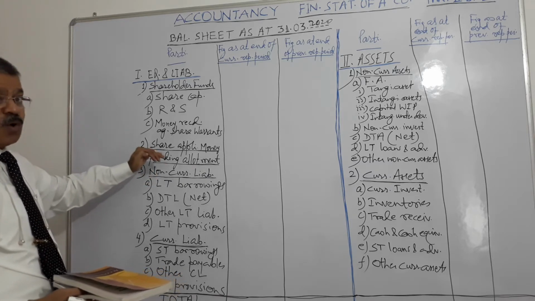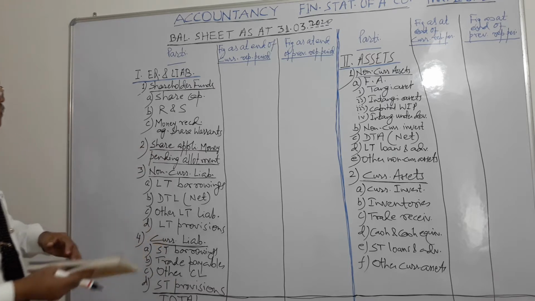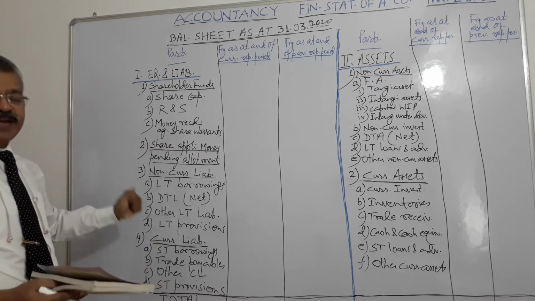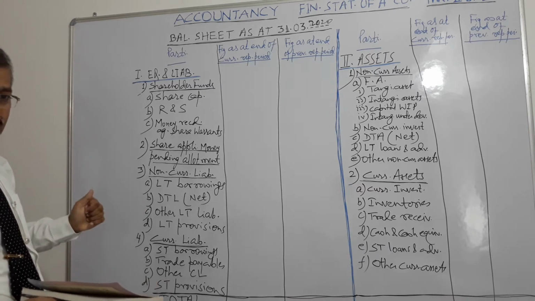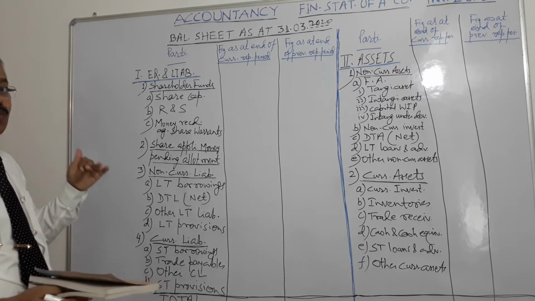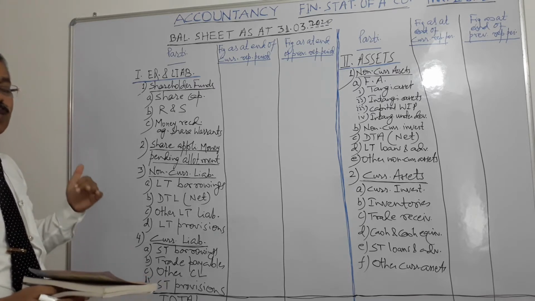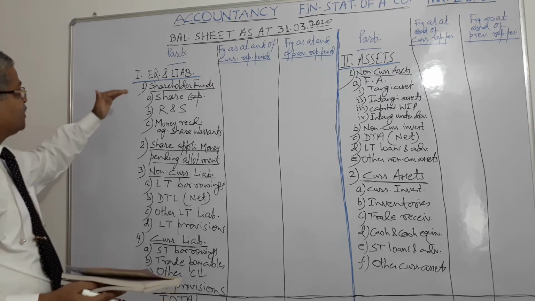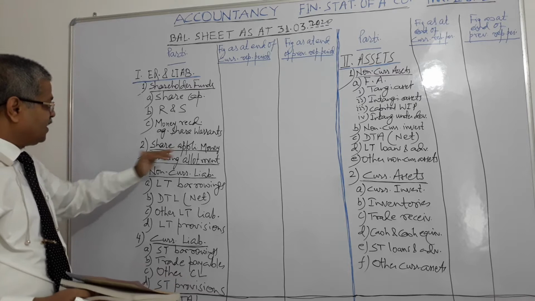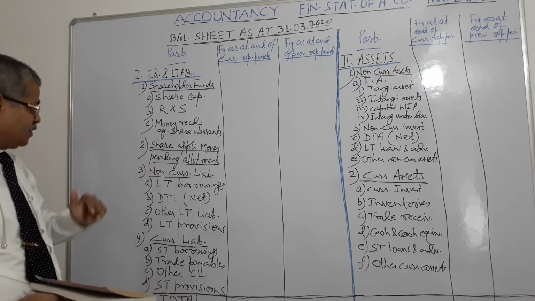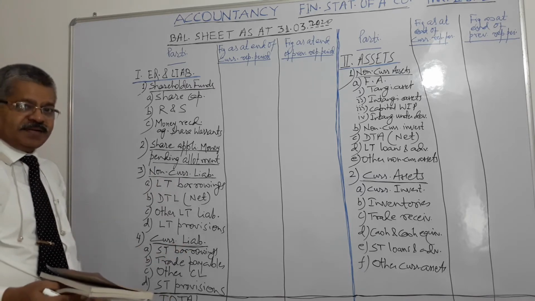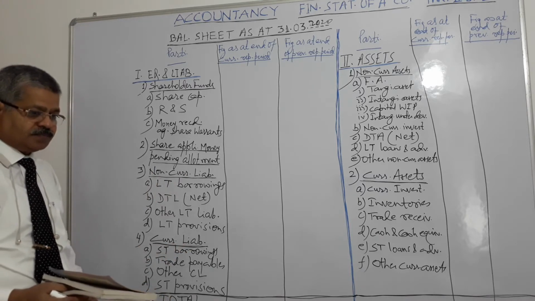That is why it forms another part. So, under equities and liabilities side of the balance sheet, we have four major heads: shareholder funds, share application money pending allotment, non-current liability, current liability, and then we have total.